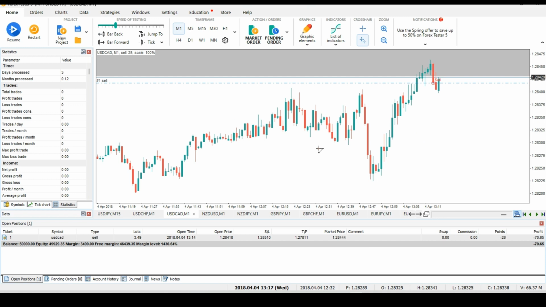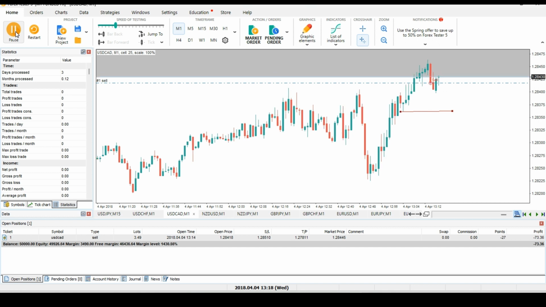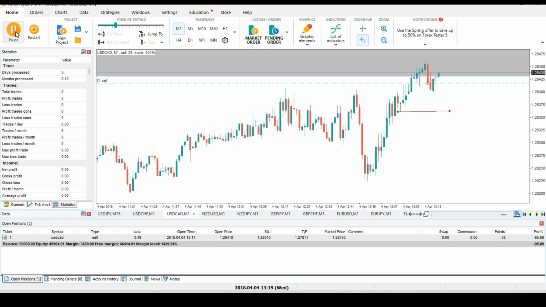The structure I'm looking for the market to break is these lows here. If the market breaks these lows right there, I'm just going to go break even. It's important that you are specific with the rules so that you don't get shaken when you trade in real time. It's very, very important for you to remember that.